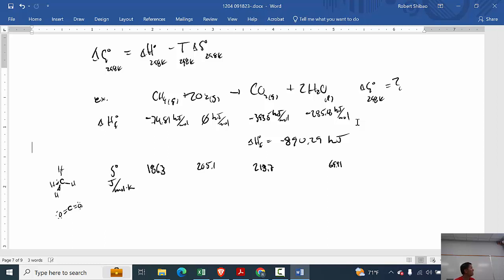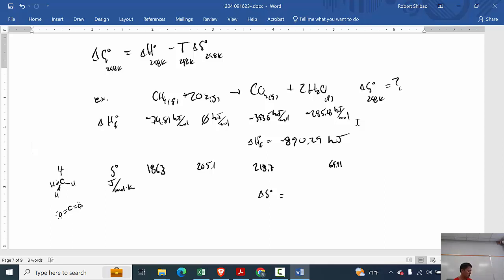So we do the same thing. It's extensive. So if we have 2 moles of O2, it's 410.2. 2 moles of water, we double that, 69.91. And so let's go ahead and calculate the entropy, delta S. This is under standard conditions. It's going to be absolute entropy of the products minus the absolute entropy of the reactants. And we have to remember that the entropies are extensive.